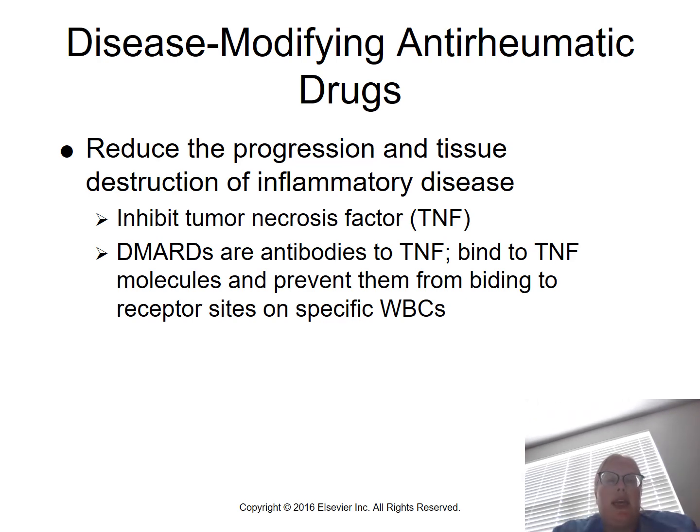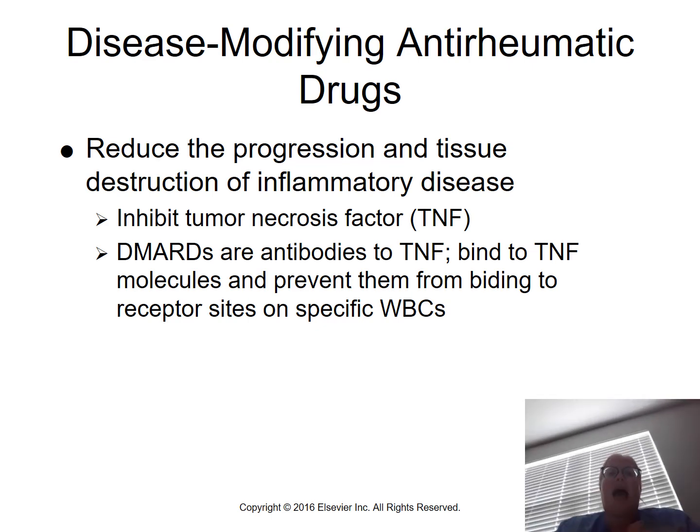So these drugs are commonly used in people with rheumatoid arthritis because they reduce the progression and tissue destruction of the inflammatory disease. Some of these medications are also used in treating other conditions, typically autoimmune conditions like psoriatic arthritis and systemic lupus.